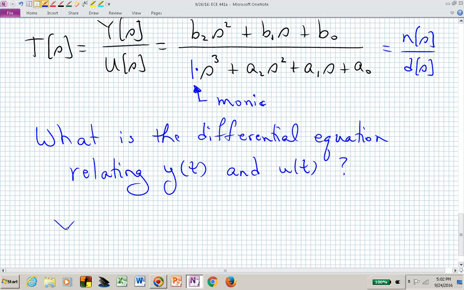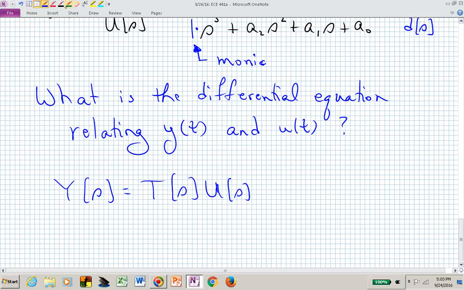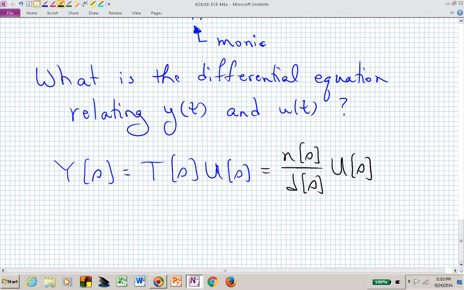We can find an equation for the output in the frequency domain, y of s. That's T of s times U of s, where T of s is this ratio of N of s to D of s. We now have N of s over D of s times U of s, and what we want to do is get rid of that D of s in the denominator.